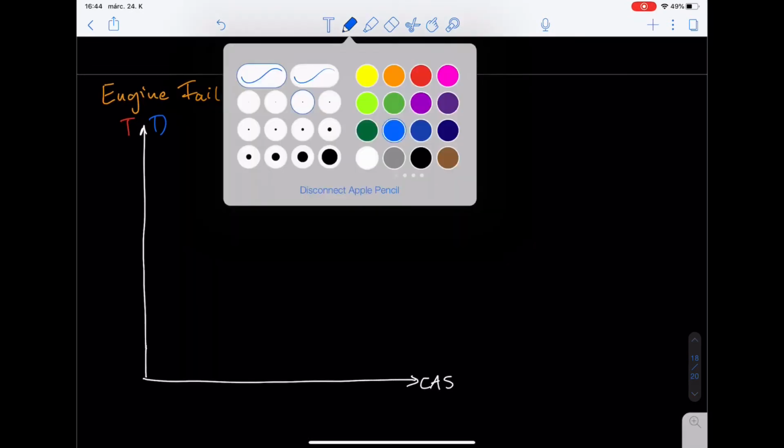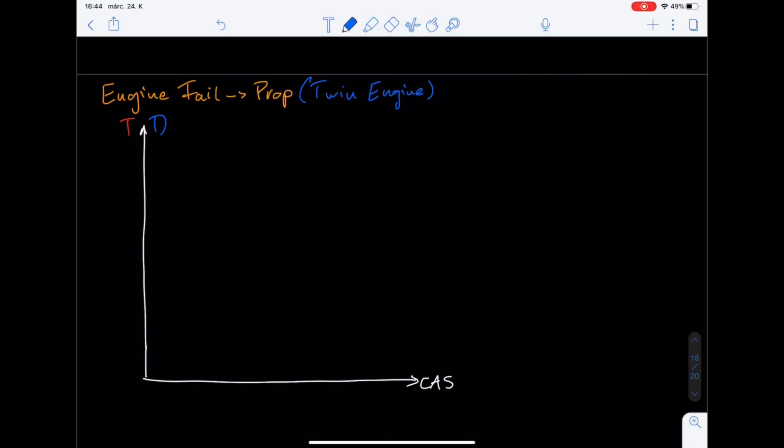And here we have the initial drag curve, which looks something like this. This would be the drag all engine, and you have your thrust for all engines.